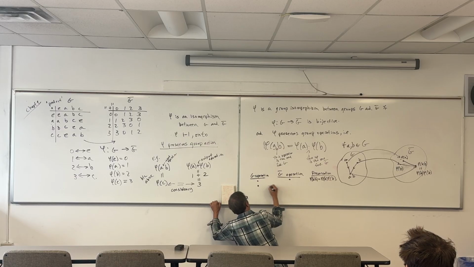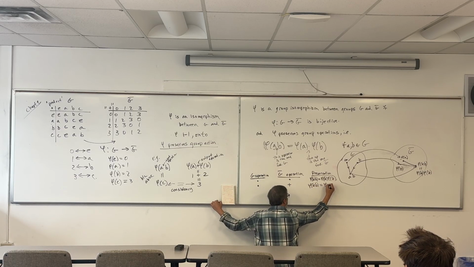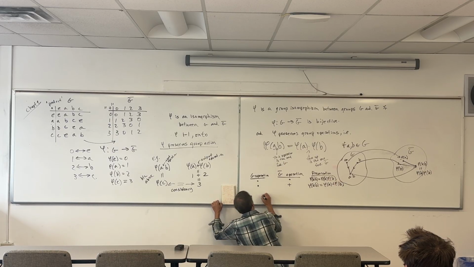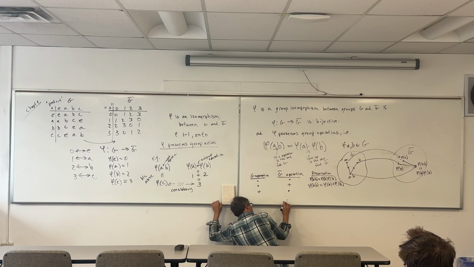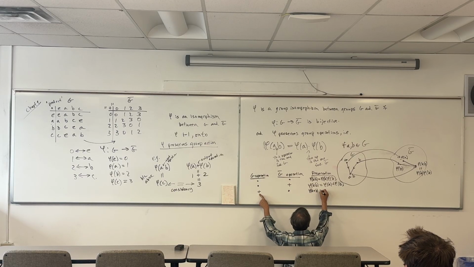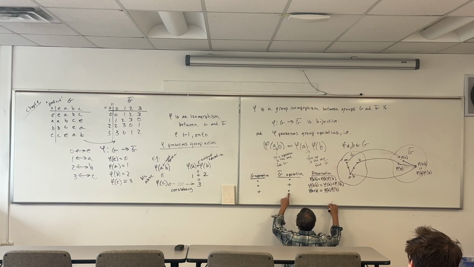If this guy is dot and this guy is plus, then we have phi of AB equals phi of A plus phi of B. If this guy is a plus and this guy is arbitrary product or maybe actual multiplication, then this is phi of A plus B. So see how the plus is going inside here, but it comes out as a product because the output space has this product.